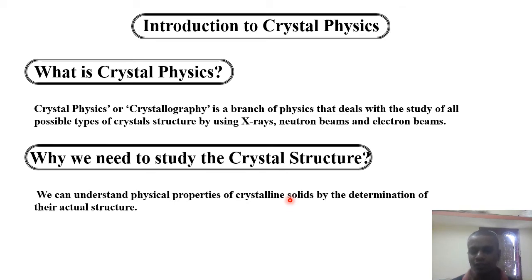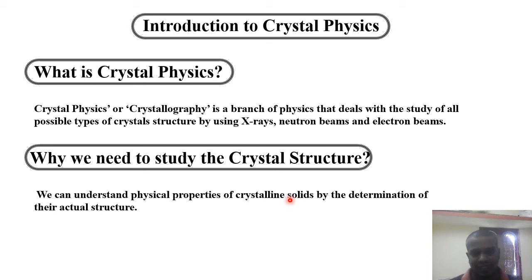If you want to know the physical properties, you definitely need to know the actual structure of the crystals. Without the actual structure, we don't know anything. That means we can't get inside the crystalline solid. That's why we need this chapter.